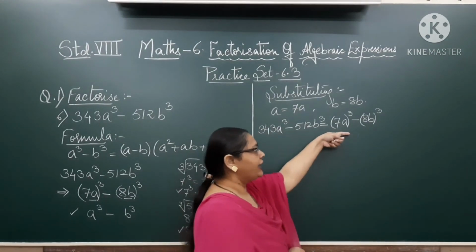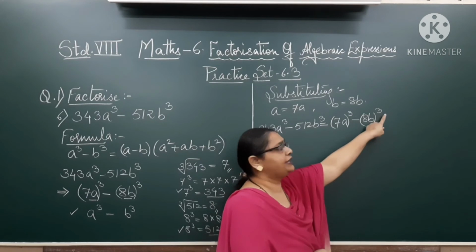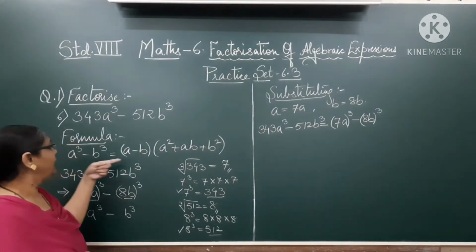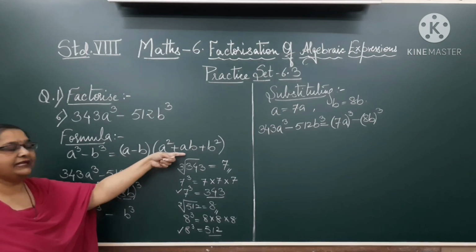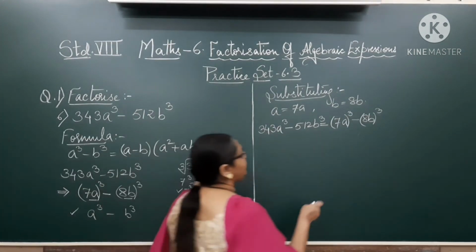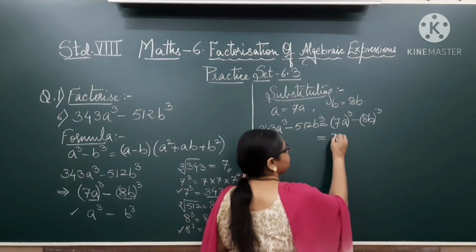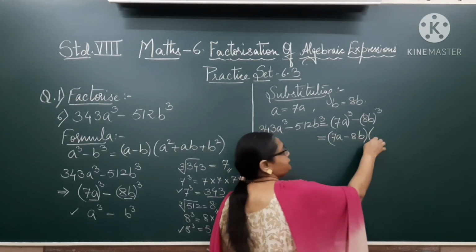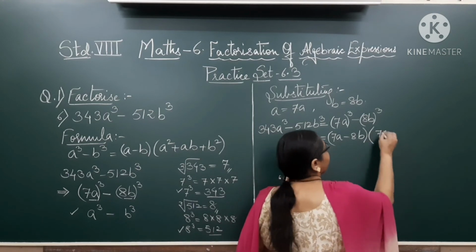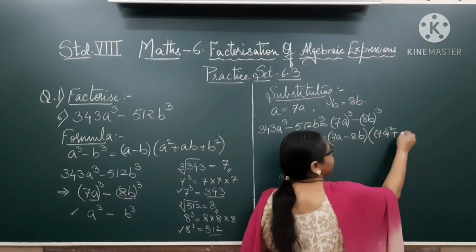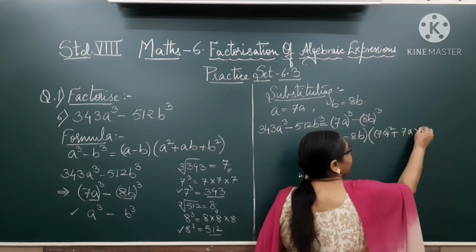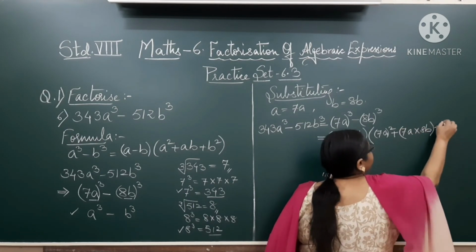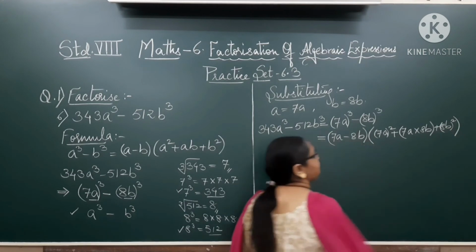So now I have a cubed minus b cubed. Let me write it in the form of (a − b) into (a squared plus ab plus b squared). Okay, so that is equal to (7a − 8b) into (7a) the whole squared plus ab, which is 7a into 8b, plus (8b) the whole squared.